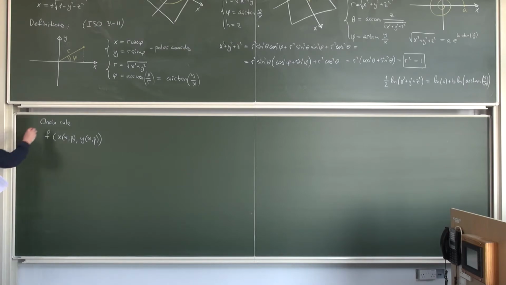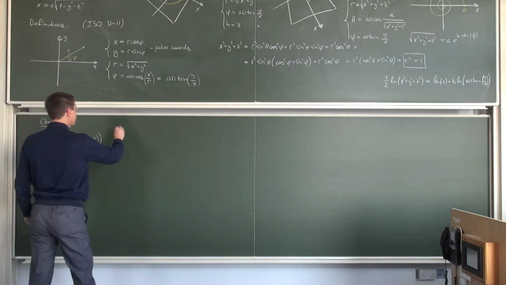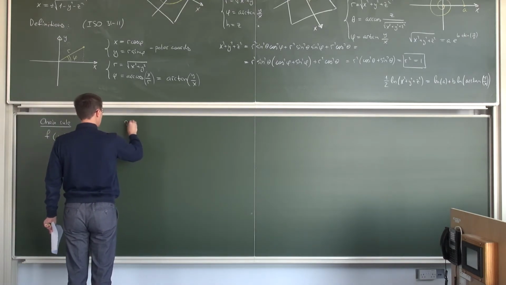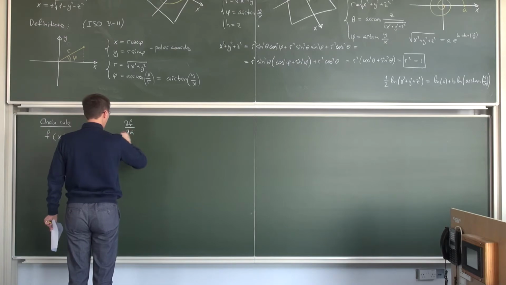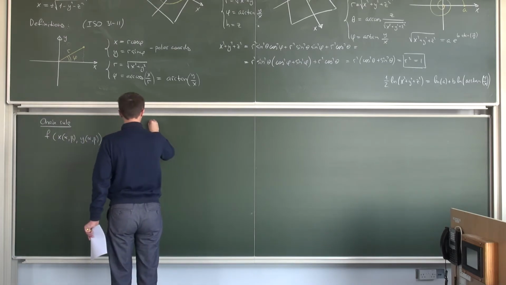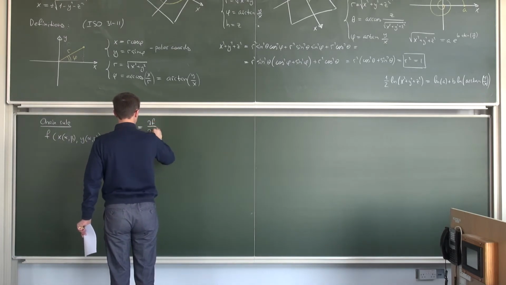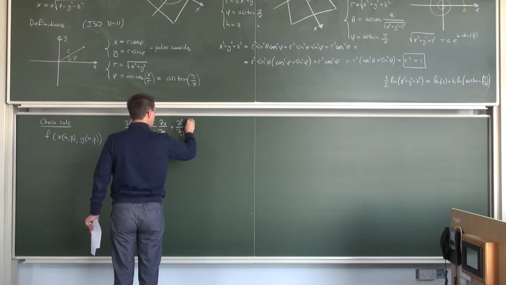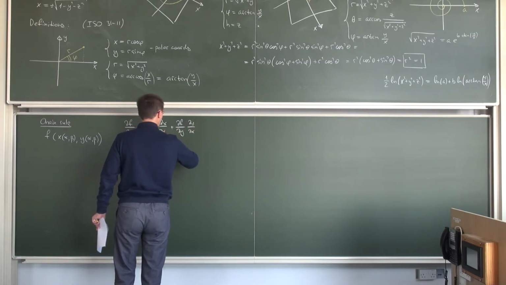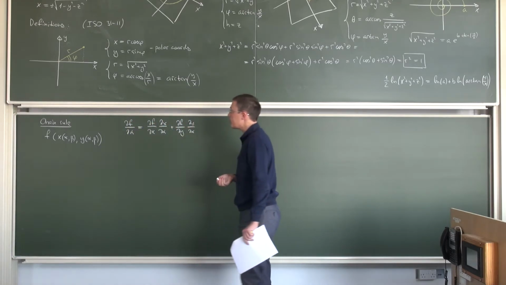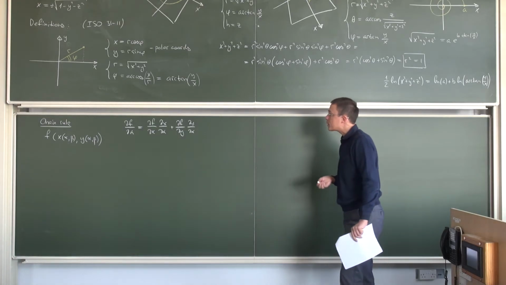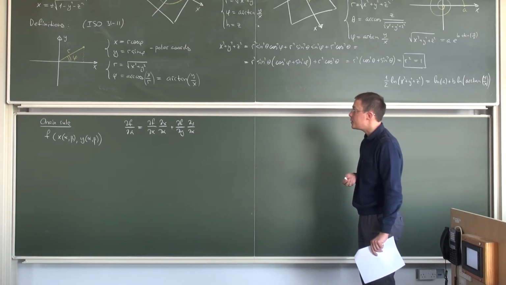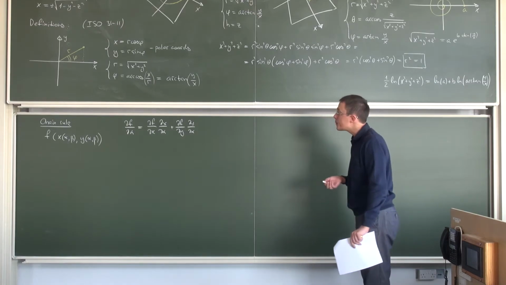You've had that in the previous semester, and I will just remind you that df by d alpha in this case is df by dx times dx by d alpha plus df by dy times dy by d alpha. The generalization of the chain rule for functions of multiple variables that depend on multiple other variables.